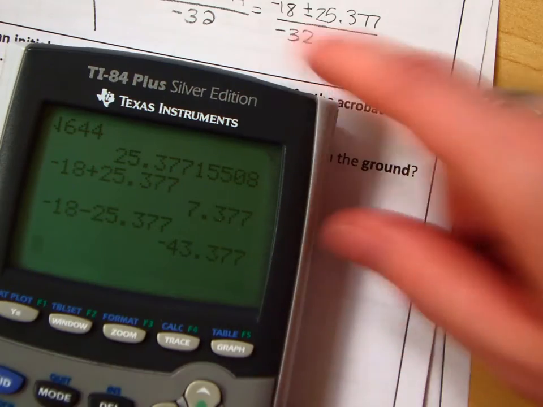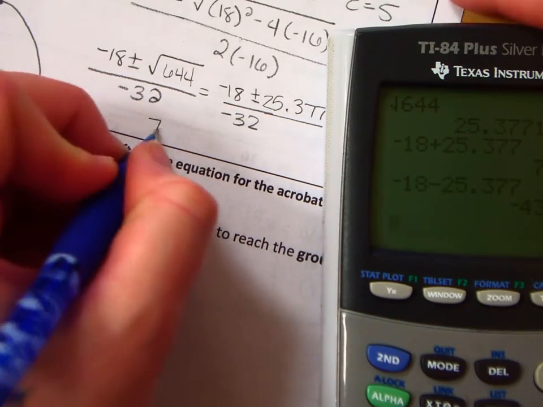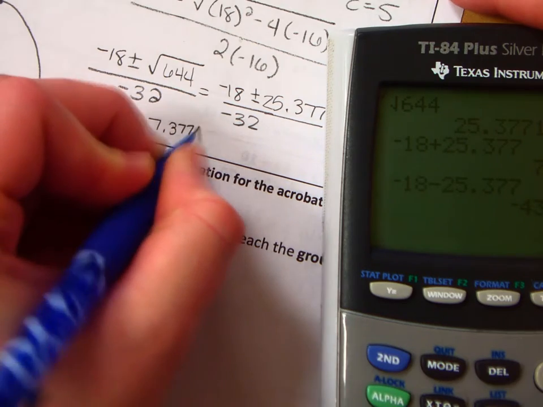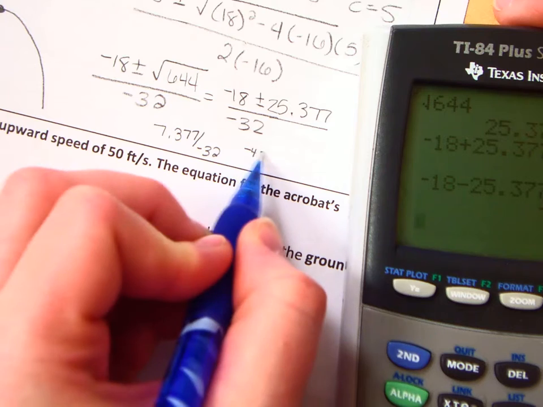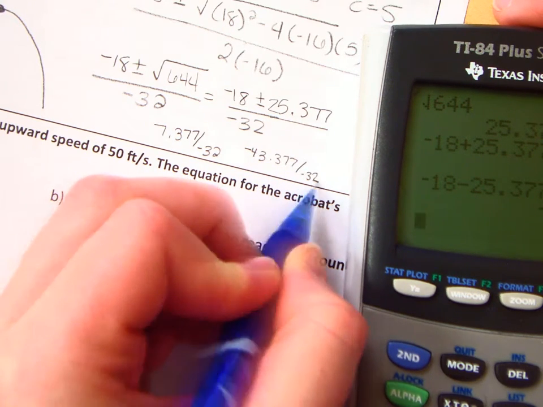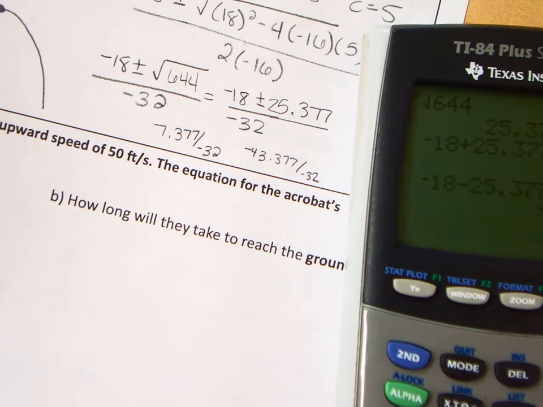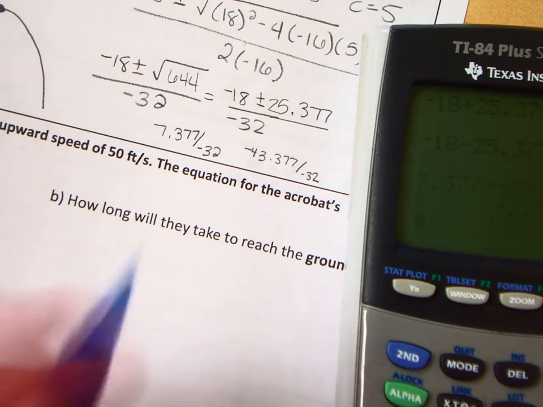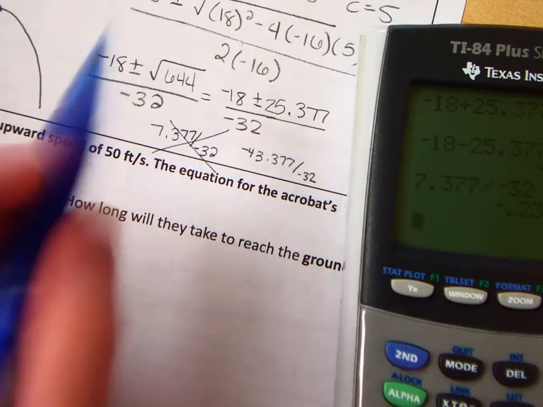Both of these answers are going to need to be divided by negative 32, but let me write both of those answers down first. And when I divide the first one by negative 32, 7.377 divided by negative 32, I get a negative answer, and we can't go back in time, although I know a lot of us probably would.